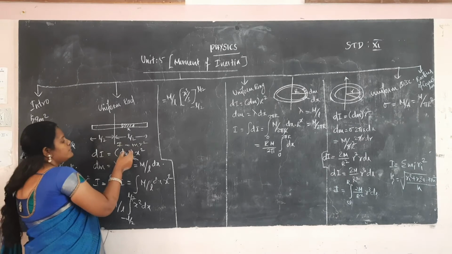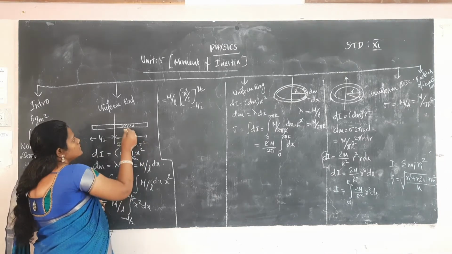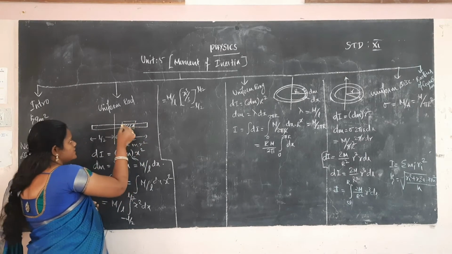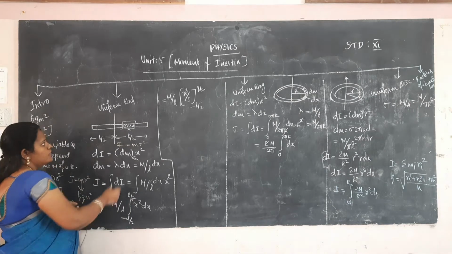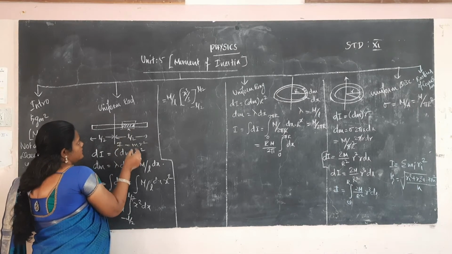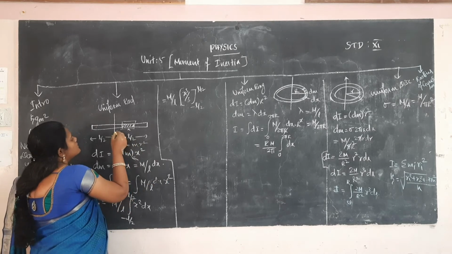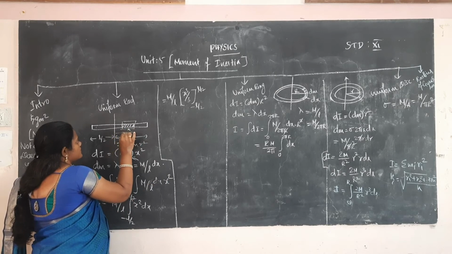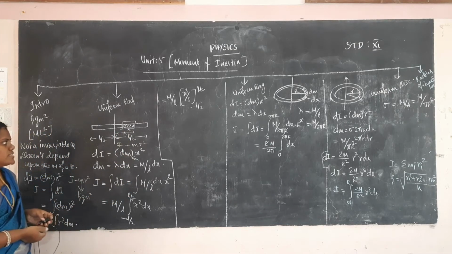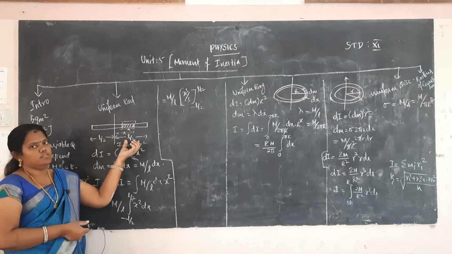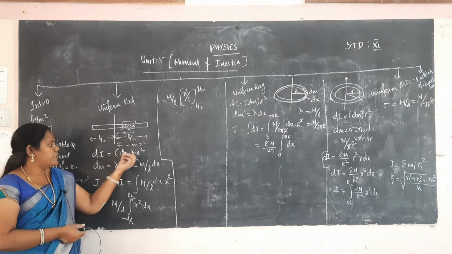We consider a little bit of mass in the full rod, a small mass dm, and the distance from the center of gravity to this mass is x. So dI is equal to dm into x square.